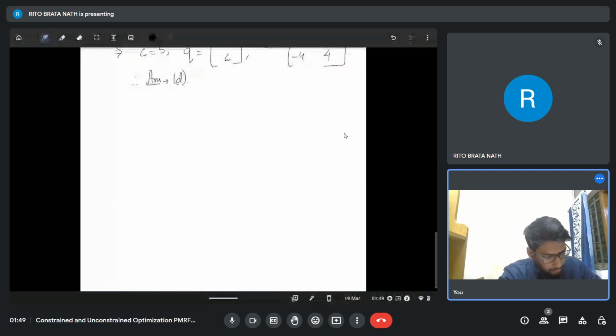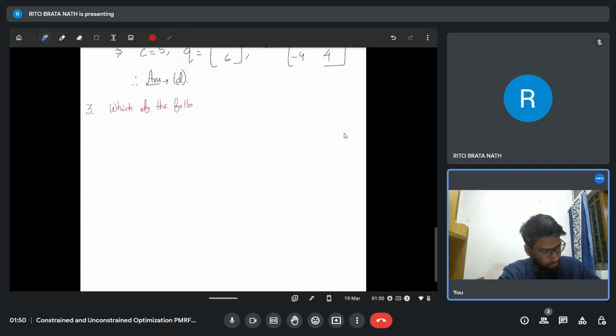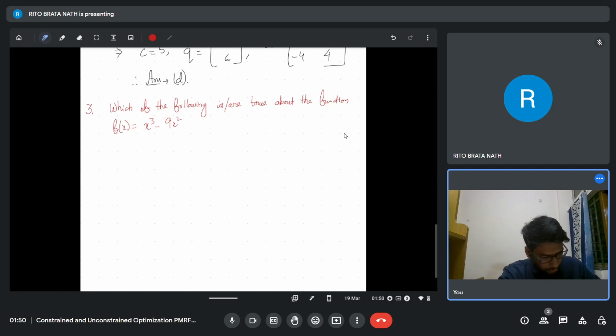Okay, so the third problem tells you which of the following is or are true about the function f(x) equals x cubed minus 9x squared minus 48x plus 52.